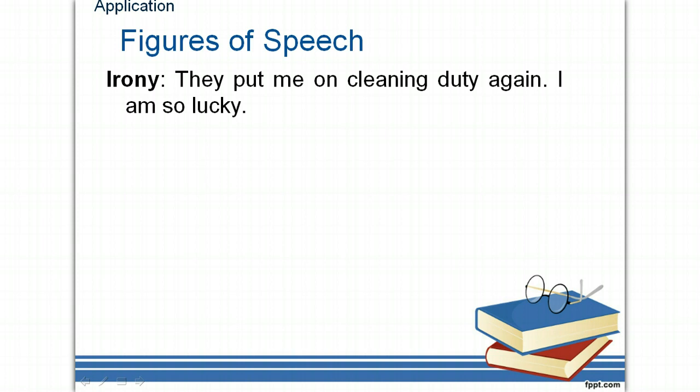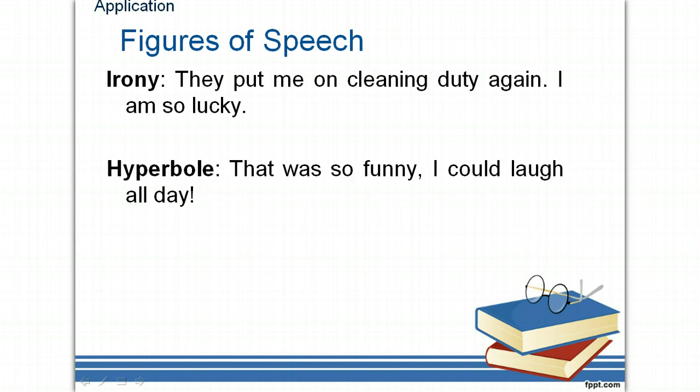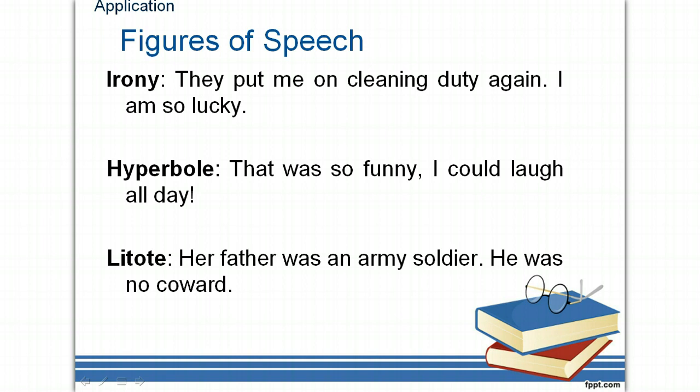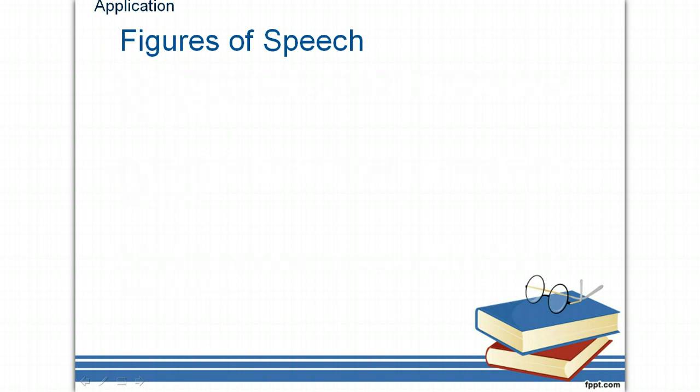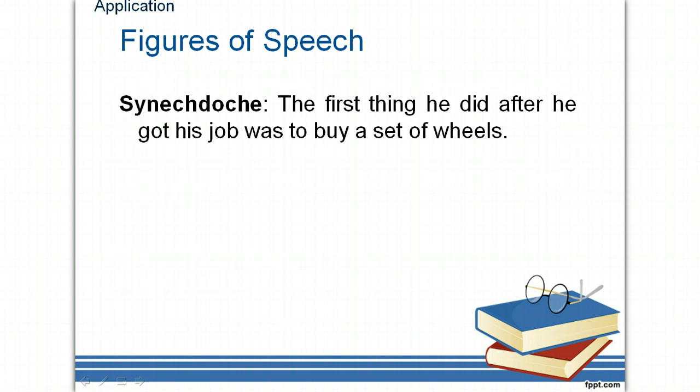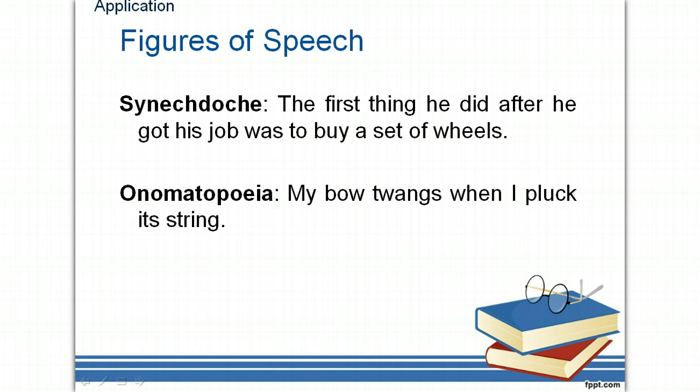Saying that one is so lucky when one clearly feels otherwise is irony. In the next example, obviously one could not really laugh all day, so saying so is hyperbole. The next example is a litotes. The next example is a synecdoche. The term "twang" is an onomatopoeia.